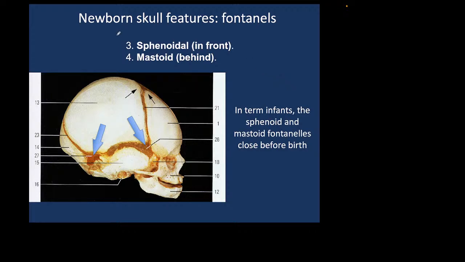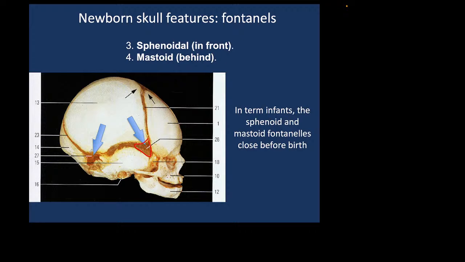Those were unpaired fontanels, but here you see paired ones, on the left and right sides of the skull. Here is the sphenoidal fontanel, located between the parietal bone, frontal bone, and temporal bone.